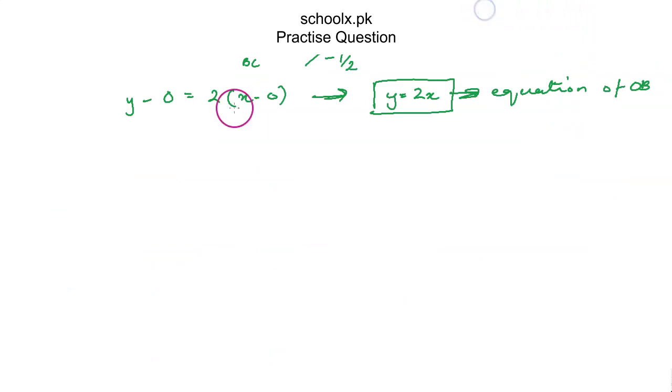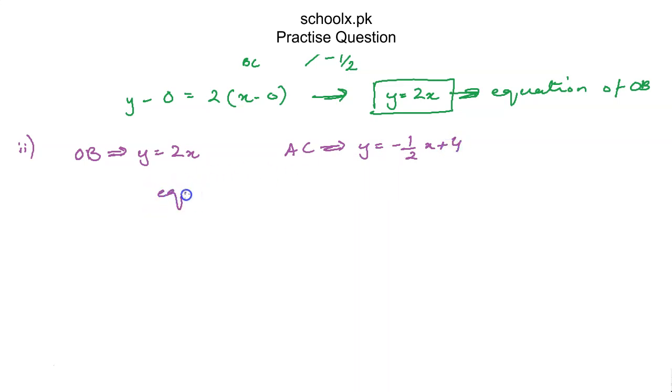Part 2. OB is y equals 2x, AC is y equals negative half x plus 4. We'll equate them both. We get 2x equals negative half x plus 4.